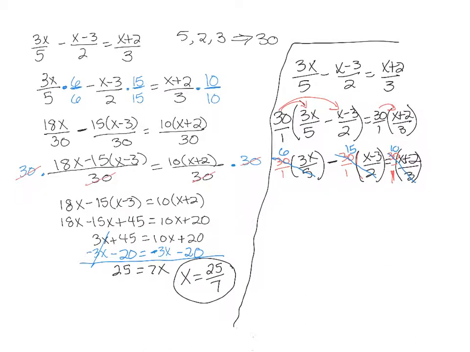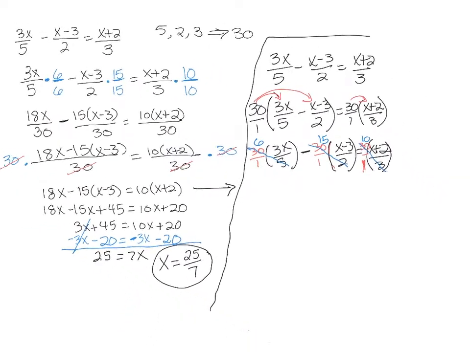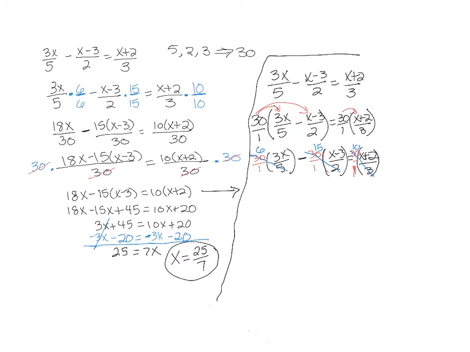I get the exact same thing that I had right here. I get 6 times 3x, no more denominators, 15 times x minus 3, and 10 times x plus 2.